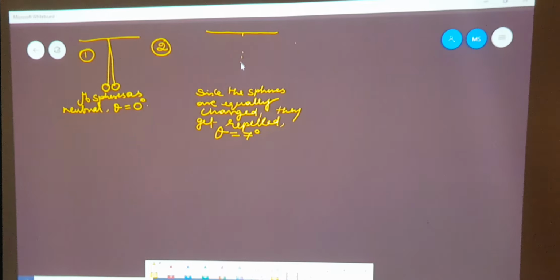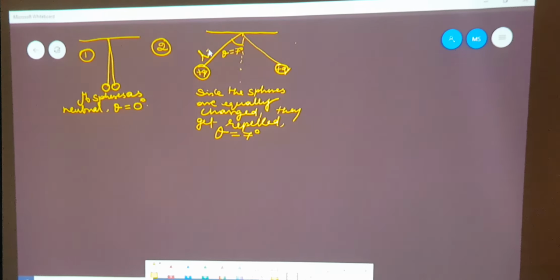This is the vertical line. Due to the charges available, the two spheres are repelled away, so that at one end you have a charge plus Q, and at the other end you have the other charge. Here you see the angle described, theta equal to 7 degree.